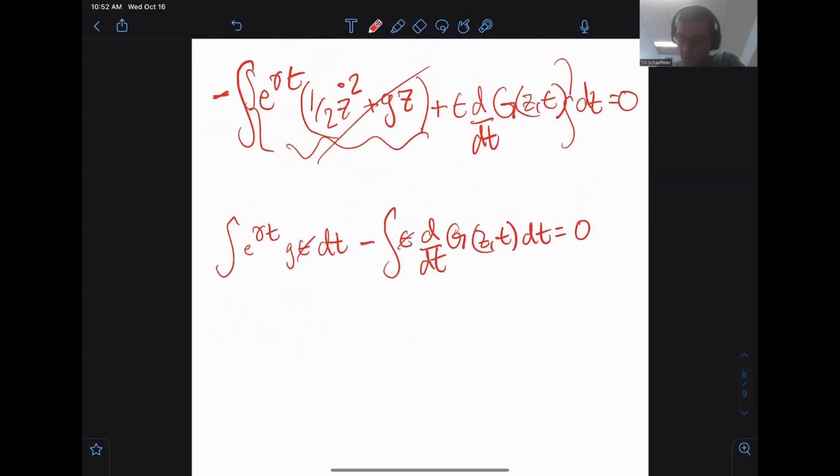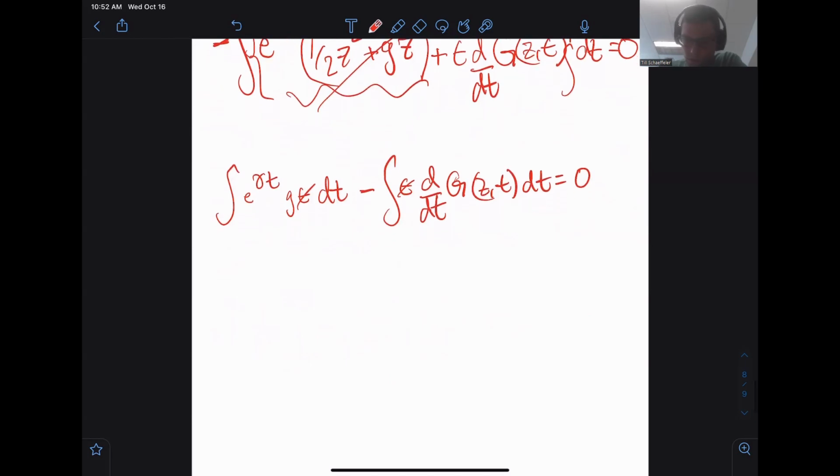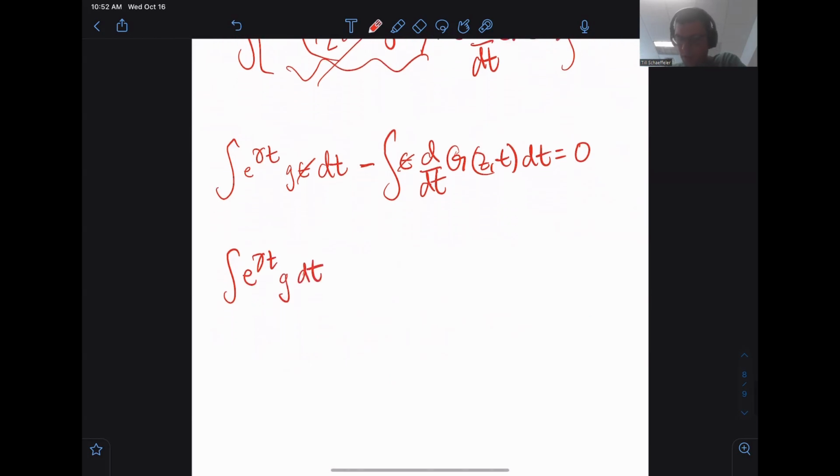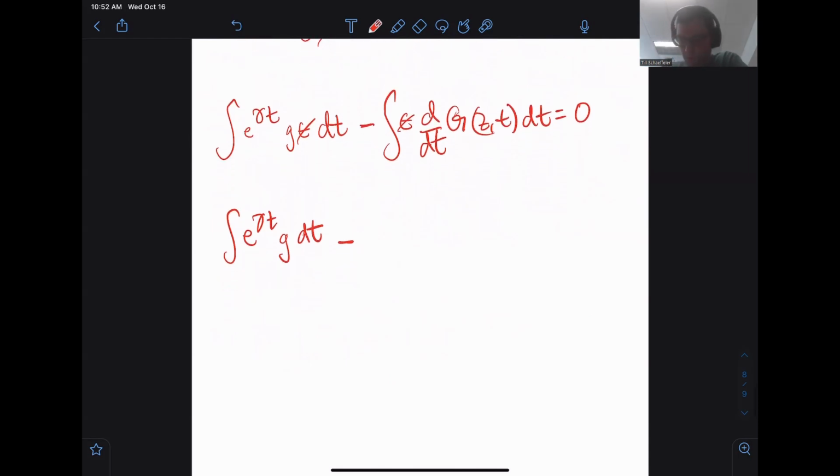These epsilons can cancel out, and this is the integral of the derivative of g. So if you take the derivative of g and then you take the integral, you're just left with g, minus g.